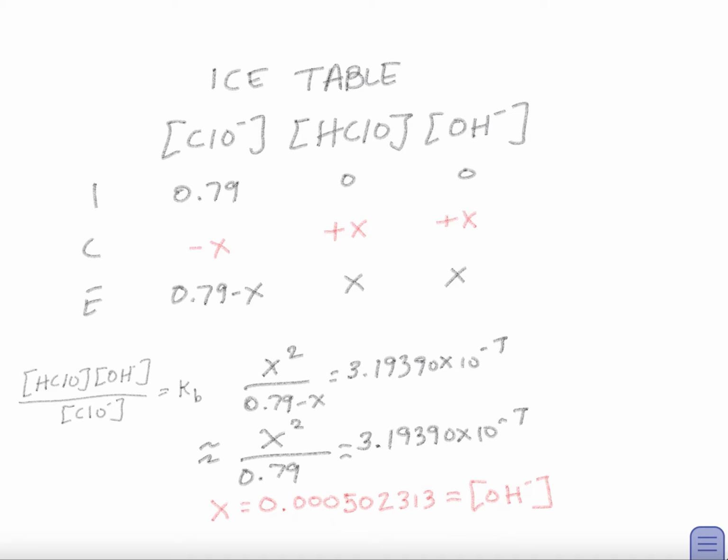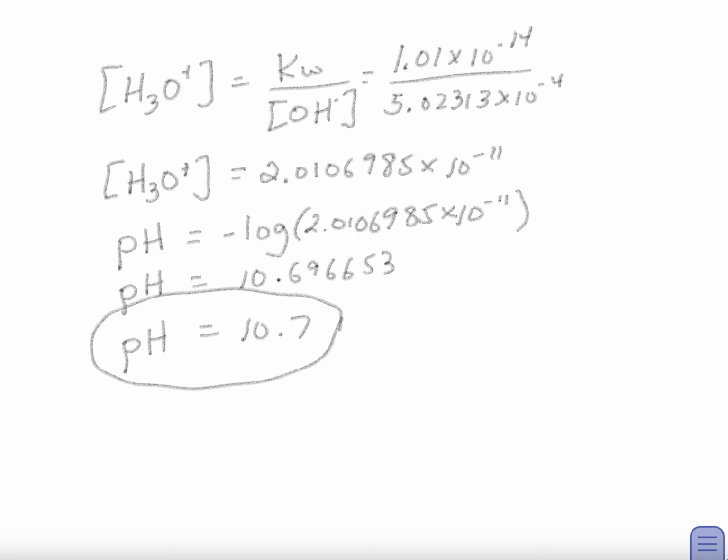Well, I'm interested in the pH, so I want the negative log of the hydronium ion, not the hydroxide. So I need to turn this hydroxide into the hydronium ion, and I do that through the water constant again. So the concentration of hydronium equals the water constant divided by the concentration of the hydroxide, which we know.